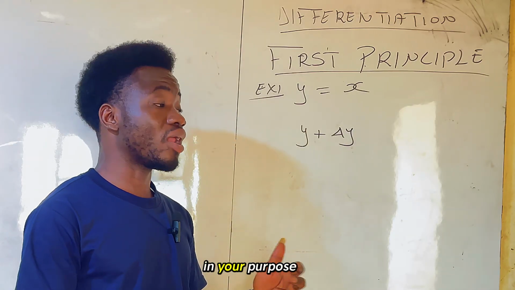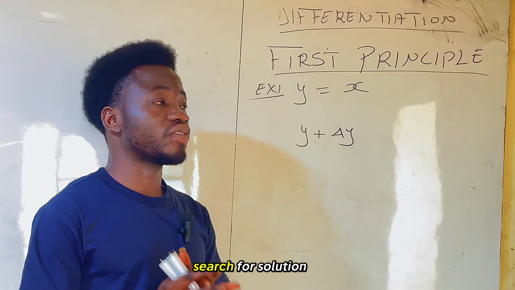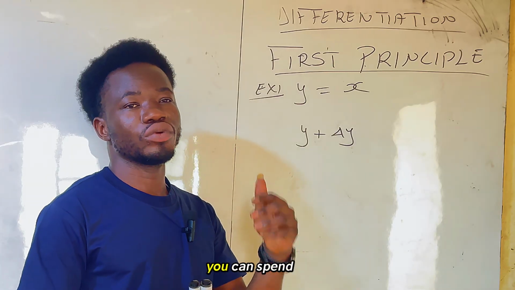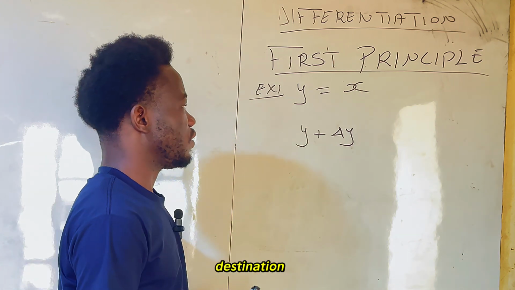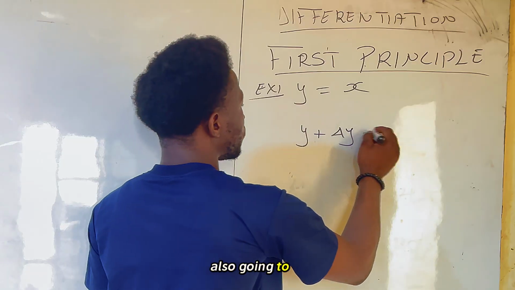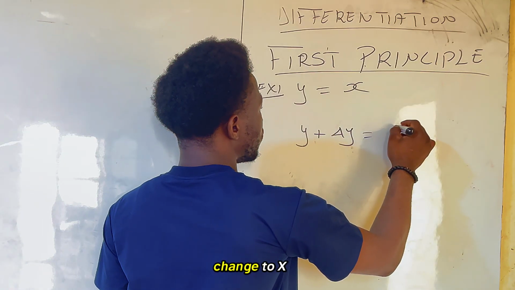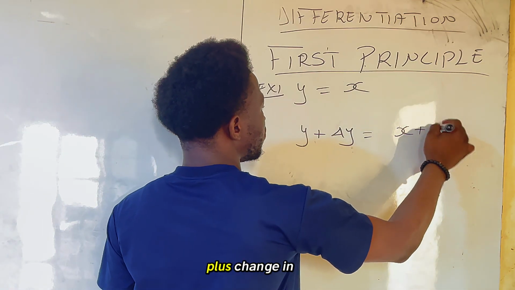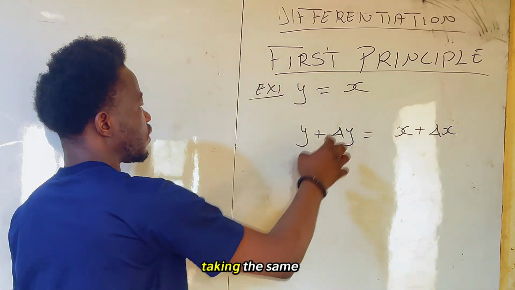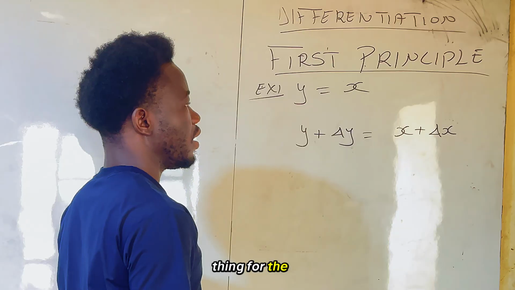Differentiation in calculus comes in to help you deal with such a situation. It helps you know how many hours you can spend to reach your destination. So we see the change in y, and this is also going to be equal to x plus change in x. You are also taking the same thing for the other side.